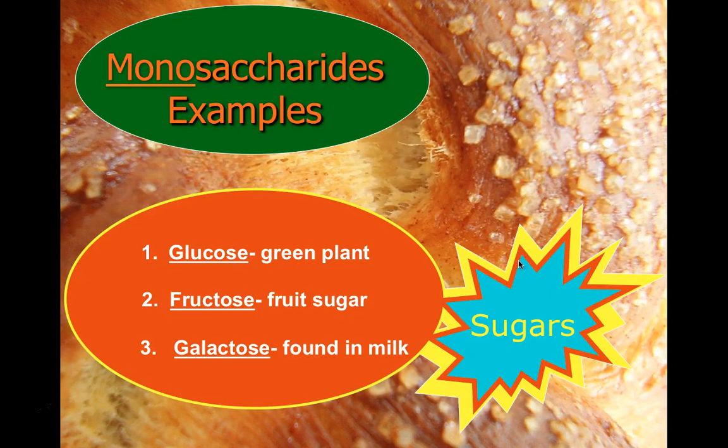As stated before, there are three different monosaccharides that will be the examples that we'll be using in class. Glucose is the most common. The reason is that glucose is the product that's made in photosynthesis. And because that's the product that plants make, not only do they utilize the energy from the glucose for themselves, but when herbivores eat plants, they're harnessing that glucose and using it for themselves.